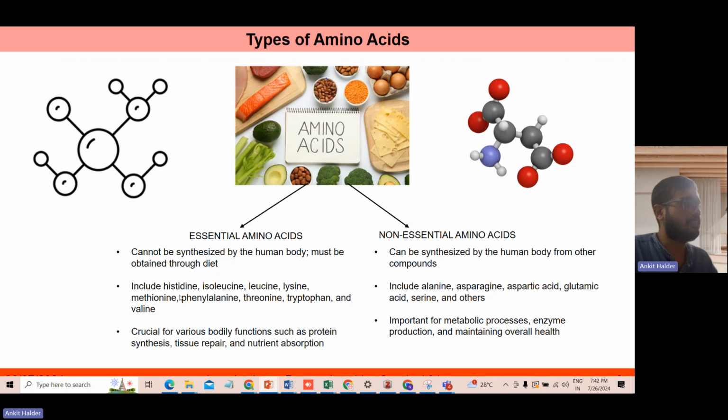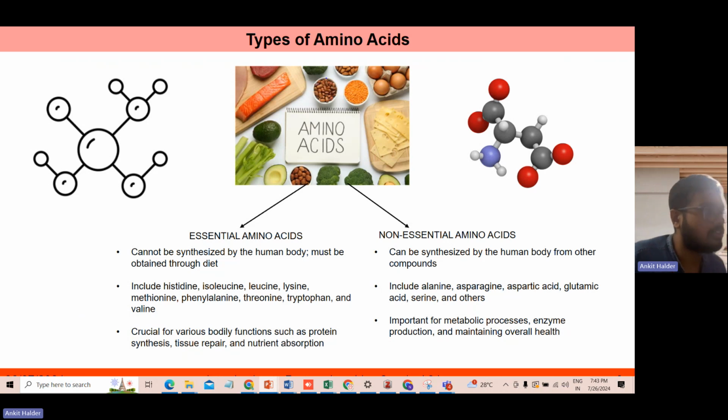Like histidine, isoleucine, leucine, tryptophan, threonine, valine, phenylalanine, all these are very crucial and need to come through our diet. That's why we should have protein in our diets which contains these amino acids that cannot be synthesized in our body, for our functioning, maintenance of homeostasis, tissue and cellular functions, repair, and nutrient absorption.